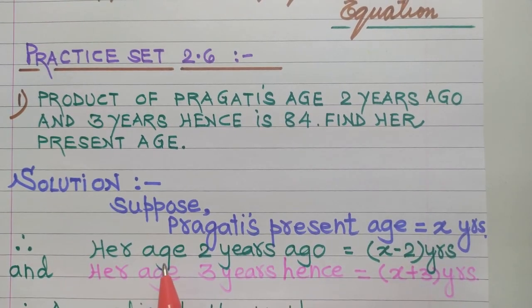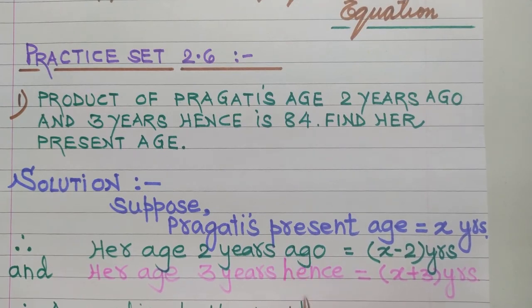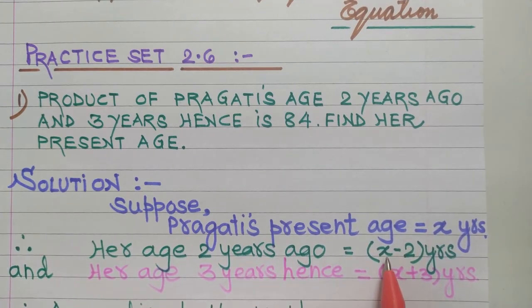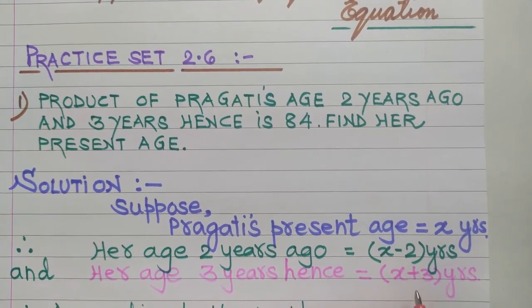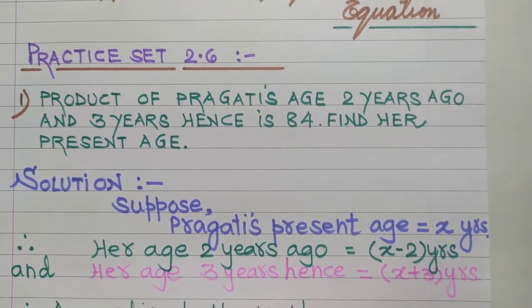Hence her age 2 years ago, ago means 2 years back. So 2 years ago it would be x minus 2. And her age 3 years hence, hence means 3 years ahead, her age will be x plus 3 years.